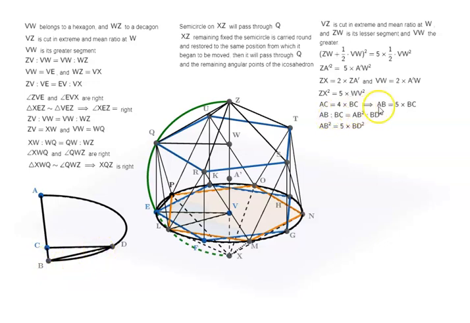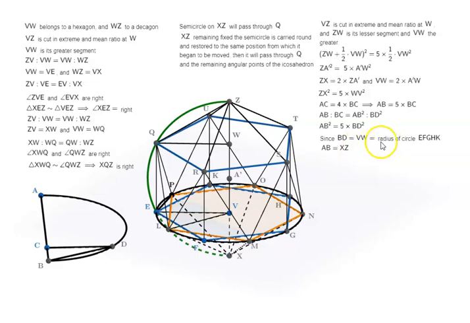Now, since AB is 5 times BC, that means AB square is also 5 times BD square. Now, since BD is equal to VW, which is equal to radius of circle EFGHK. Remember, our construction was that we draw a circle of radius BD. So that means AB is equal to XZ.